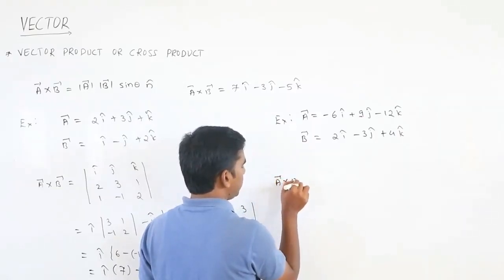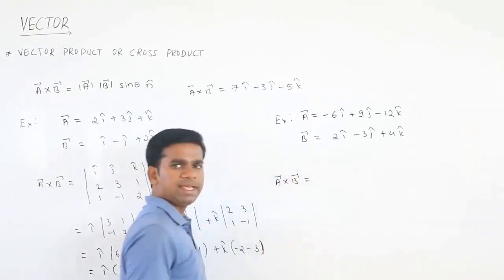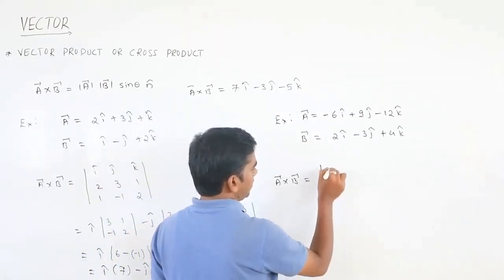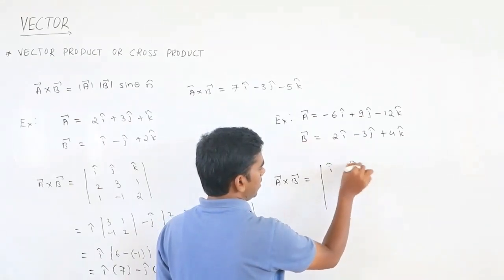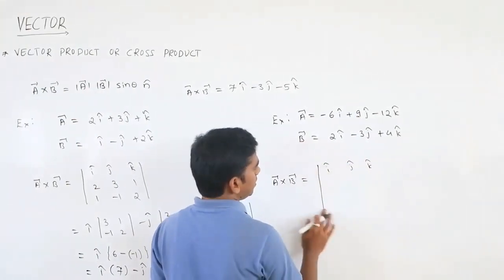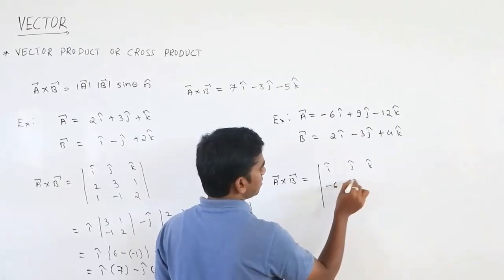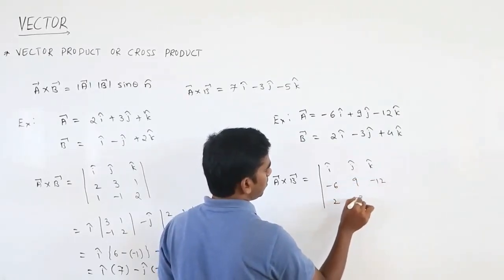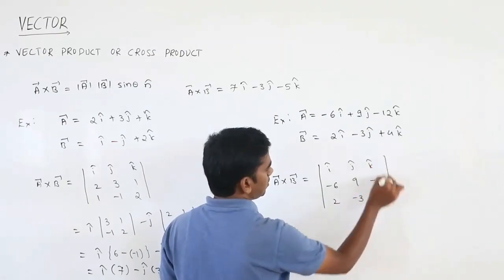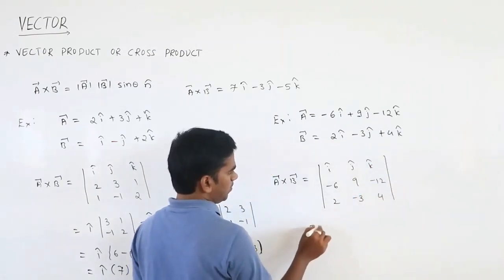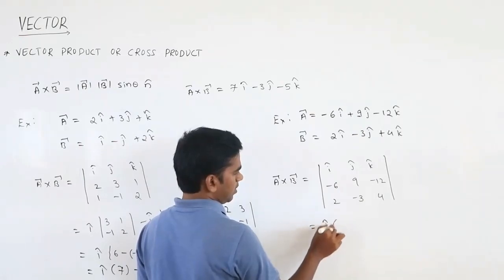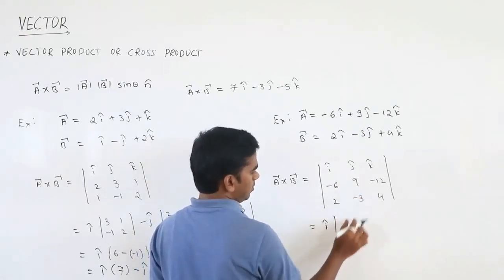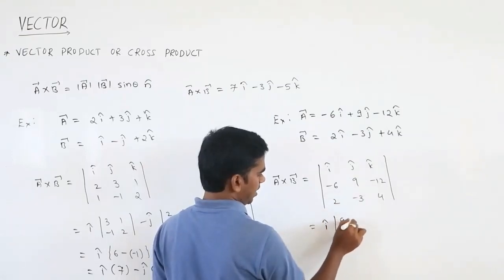So A cross B equals, what you can write? I cap, j cap, k cap, then minus 6, 9, minus 12, 2, minus 3, 4. Okay, so equals I cap, what you have to write? You have to write 9 minus 12 minus 9.